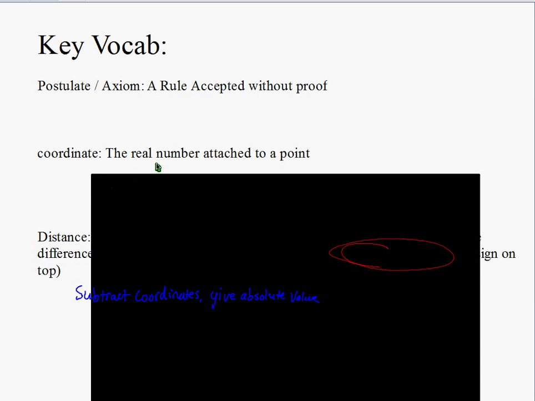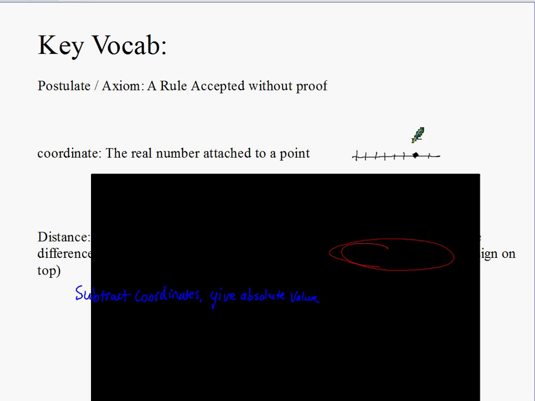Coordinate: the real number that's attached to a point. So let's go ahead and get a little example going. Can't seem to click on my pen tool. Okay, let's get black. If I had a number line, and let's do some dashes like this, and let's put a dot right here.